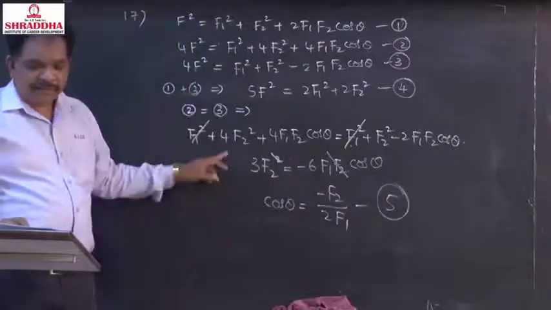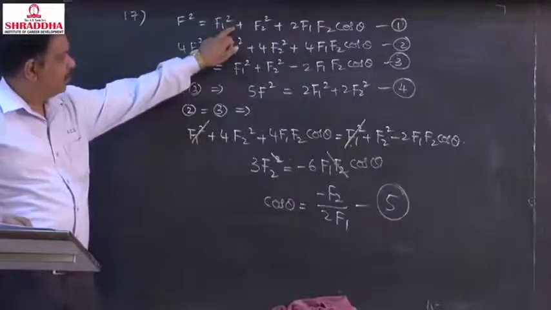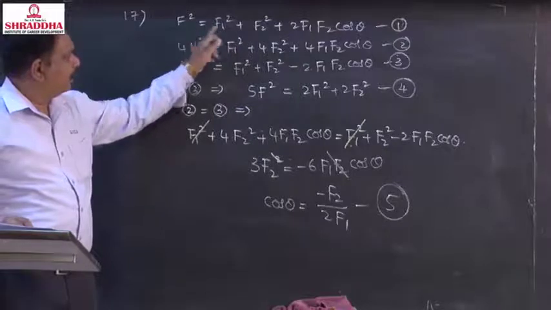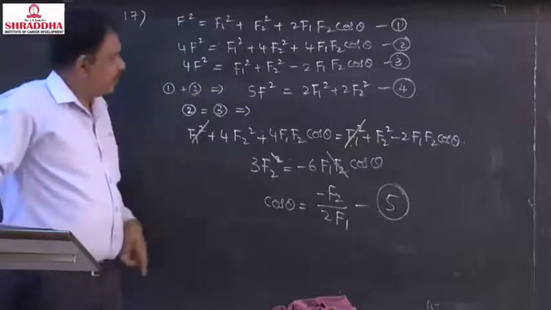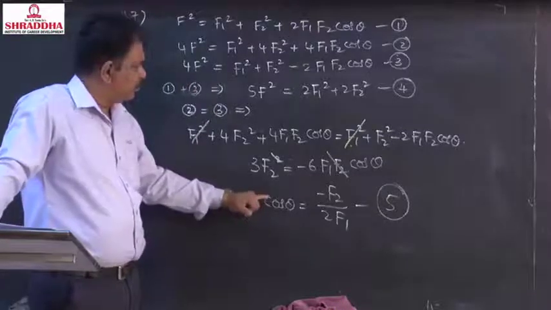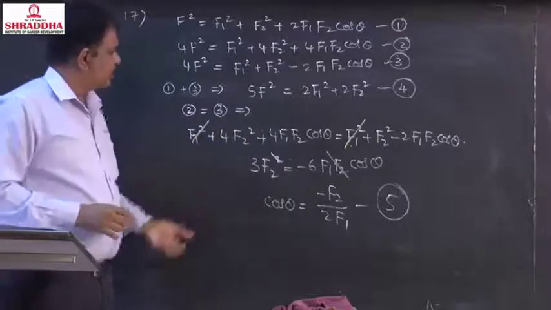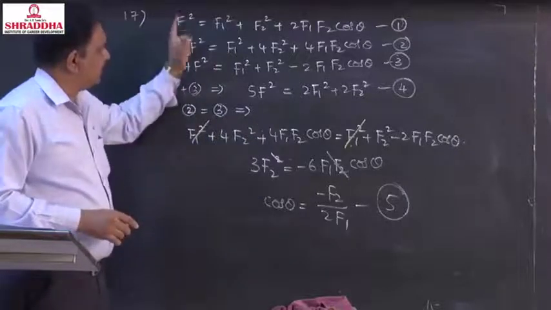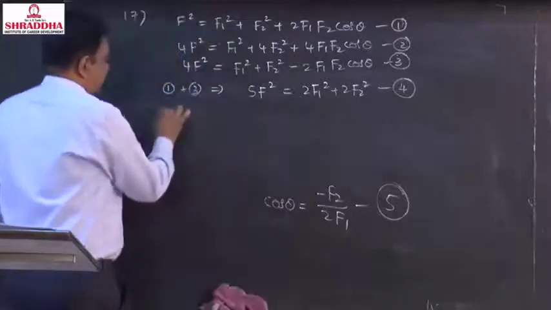Clear? Substitute this value here in equation 1. Then we will get F and F1 relation. These values we got up to now. Okay, a little bit lengthy problem this is. So substituting this value in equation 1, what we will get to see?